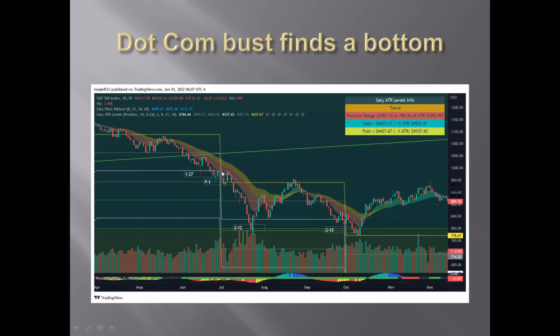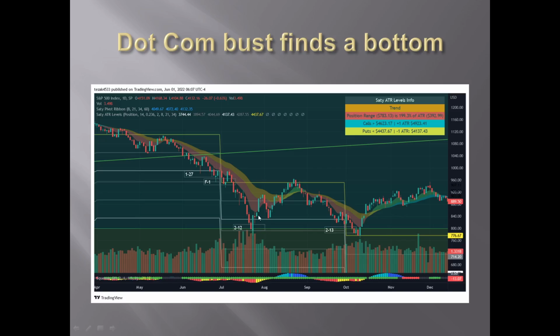If you'd bought it at this open, it closed down here, and you could have potentially seen a small amount of profit if you took profit up here, but it was about at the middle of this pivot here, 21 EMA. But I didn't consider this good enough to call it, so I didn't.